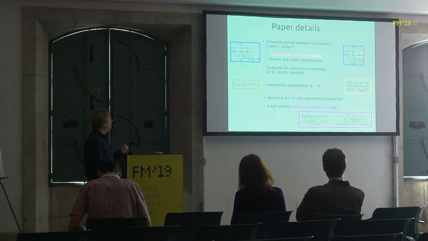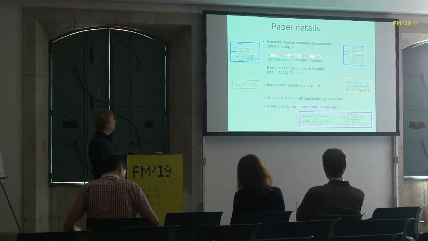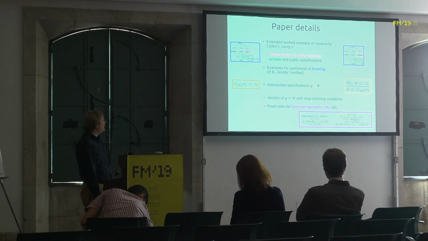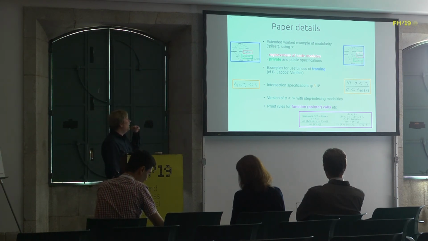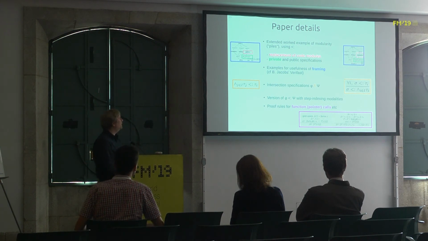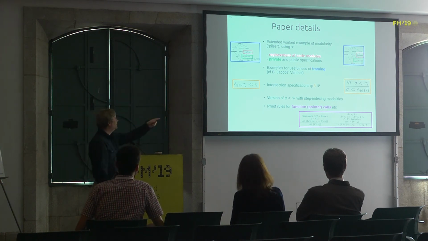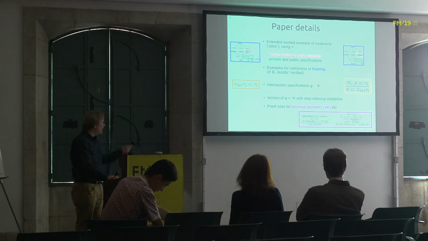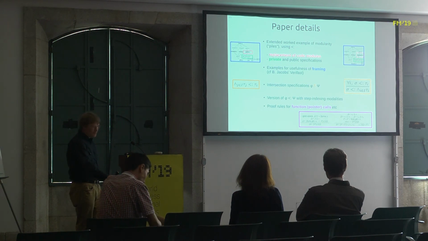The paper also describes these intersection specifications, and again we're really inspired here by the insight that people in type theory have had. So the rules relating our sets of specifications follow exactly the same rules that you expect. In particular, they also interact with the subsumption in the same way as they do in type theory. And in particular, we have then also proof rules for pointers.